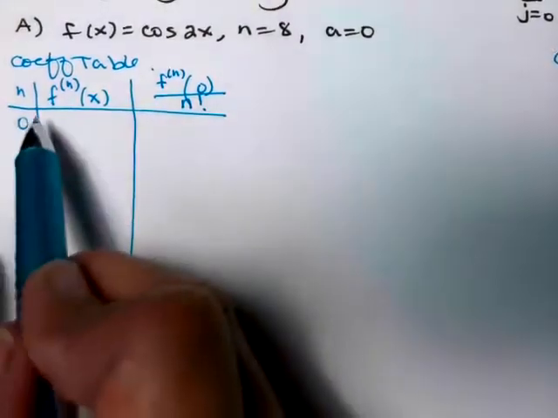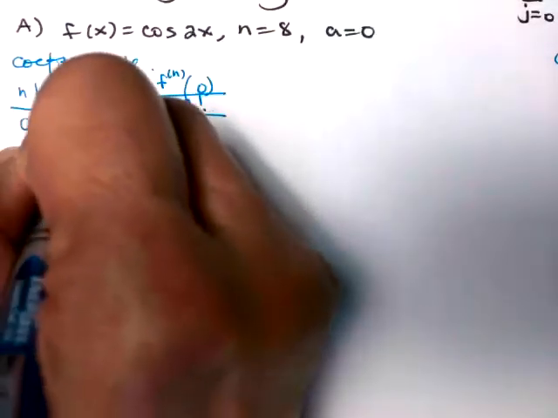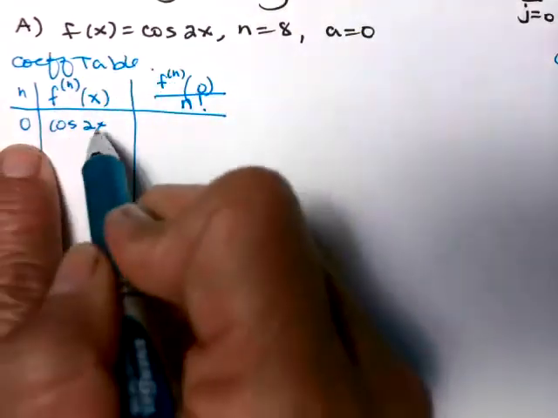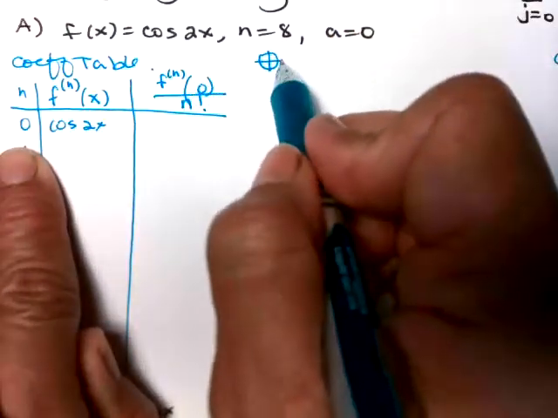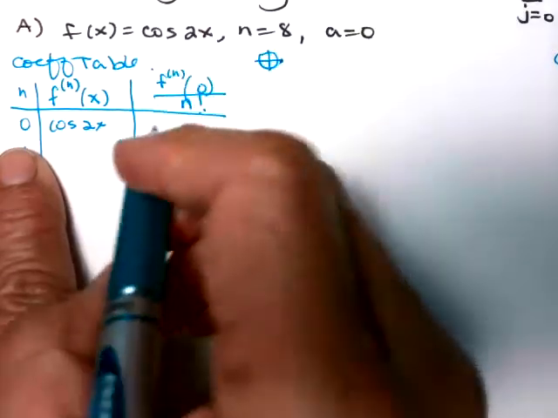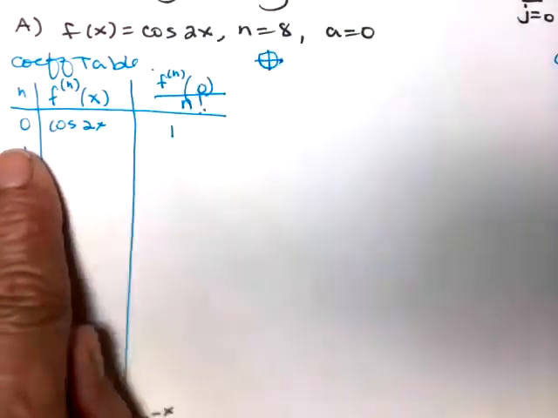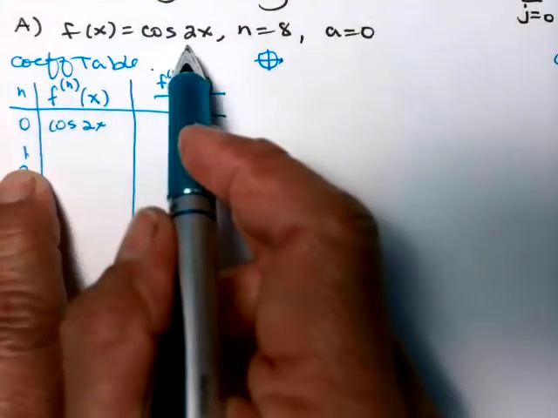Okay, so the 0th derivative, remember, is just our function. So that'll just be cosine 2x. Cosine of 0, I remember from the unit circle, is 1. So I'm going to have 1 over 0 factorial, so that's going to be a 1. Okay, n equals 1. That's the first derivative.